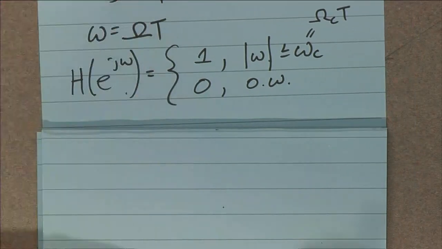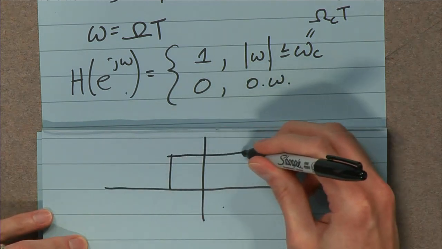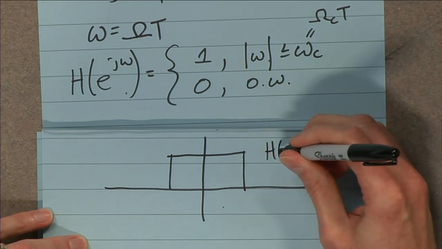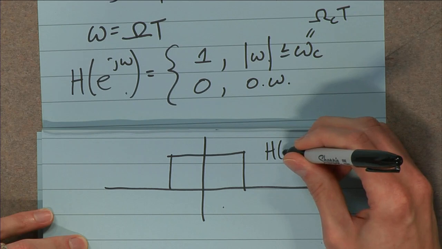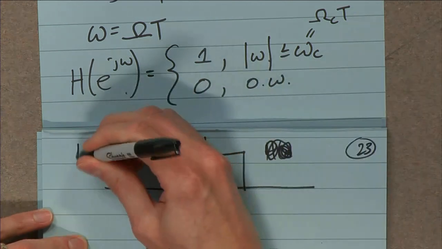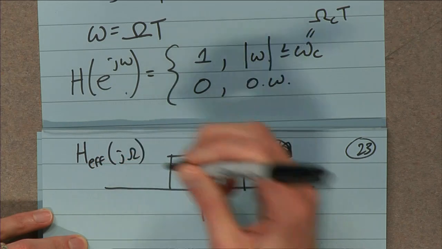So we've got our discrete time system. So let's just draw some pictures here. So let's first start off with, let's not do that. Let's put it on this side. H effective. So this is what we're trying to achieve.